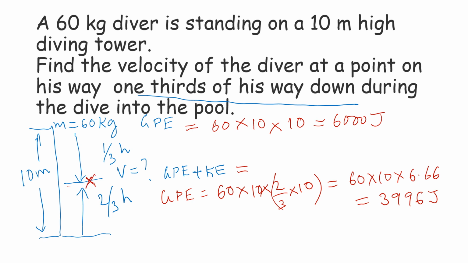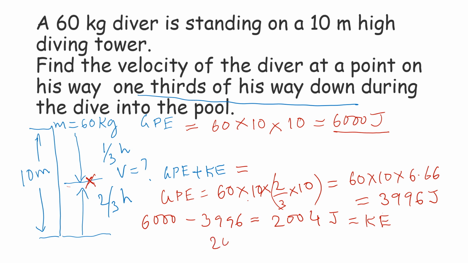Now if you subtract 3996 from the total gravitational potential energy at the top, 6000, you get the remaining energy, 2004 joules, and that is equal to the kinetic energy of the person.